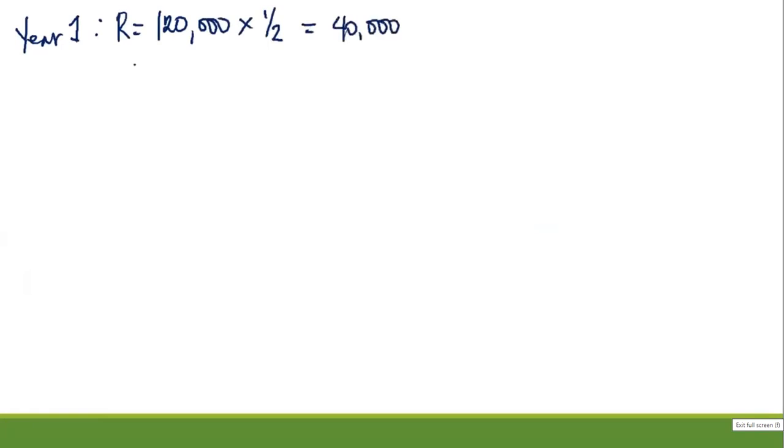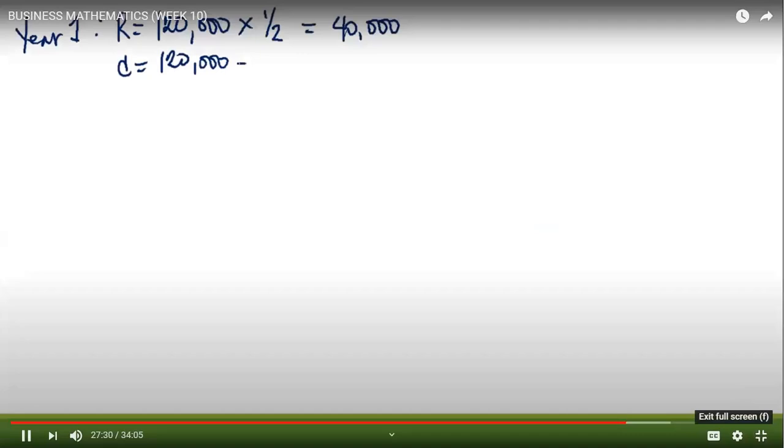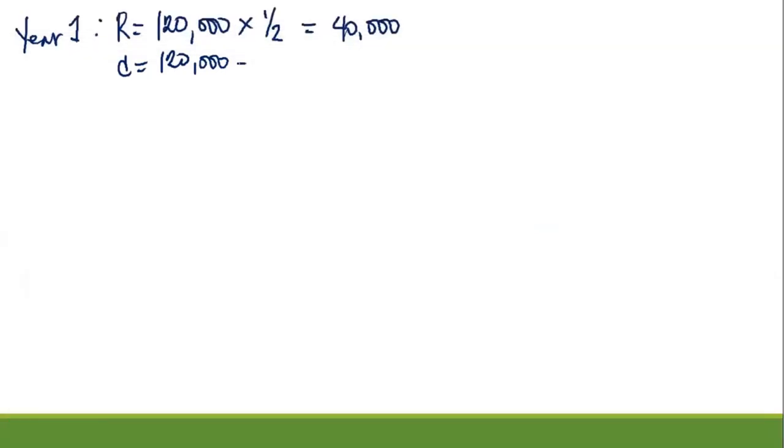So, we have the cost, 120,000 minus the depreciation natin na 40,000. Kaya, naging 80. Okay, so sinubtract lang natin yung original cost dun sa nakuha nating value.